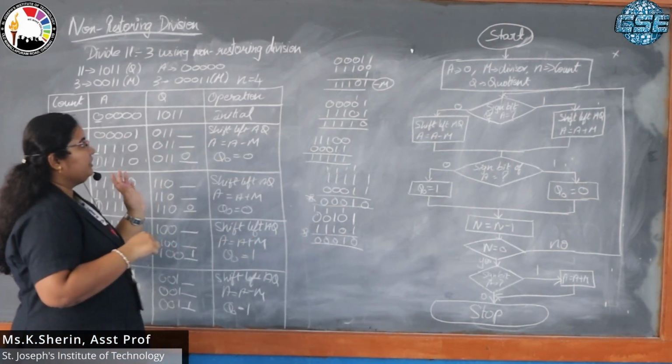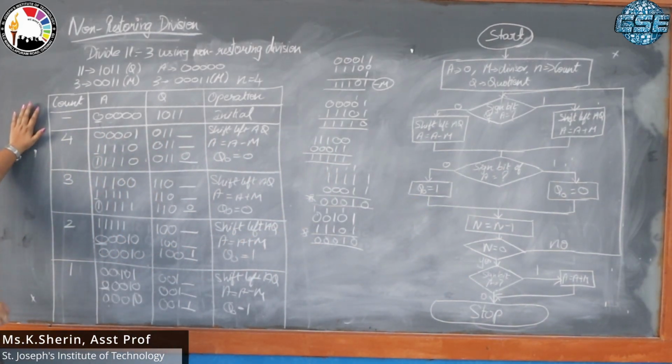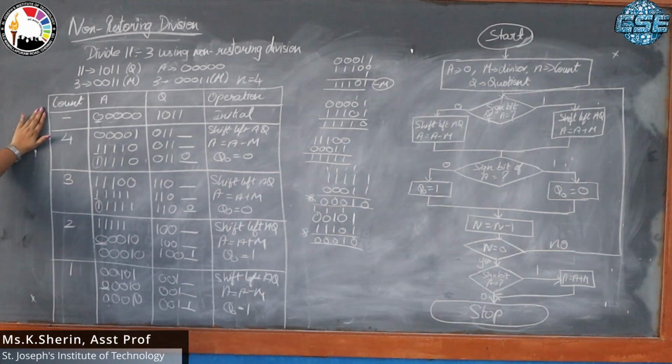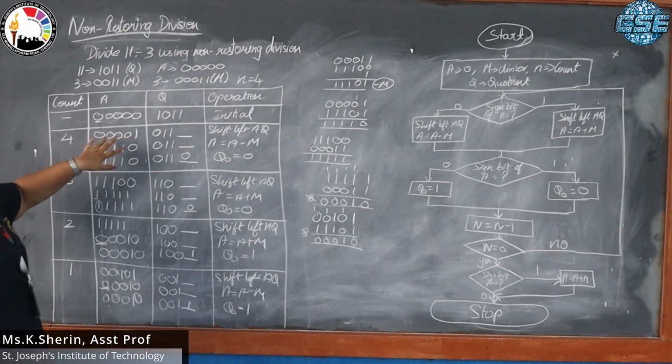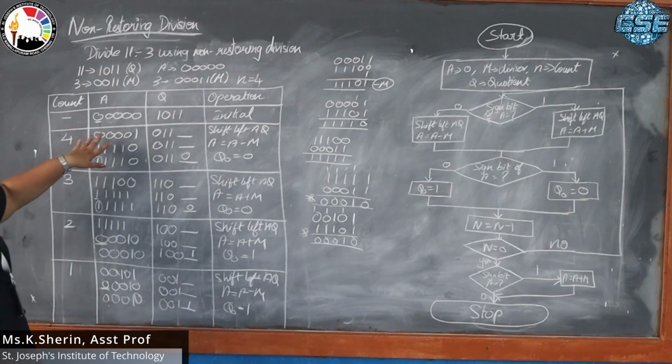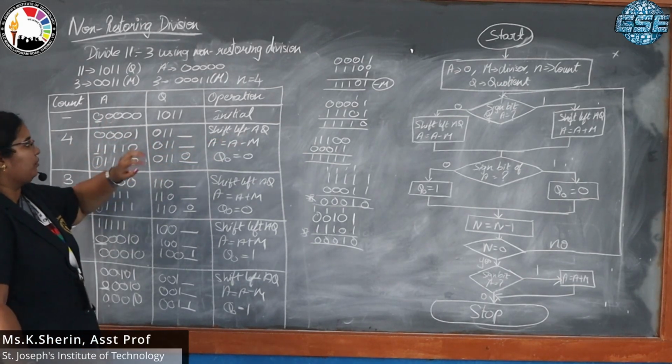So the entire procedure will be found in the question, 11 divided by 3, giving the procedures count, A and Q operation. You are initializing with n is equal to 4, and A value I am giving as my initial condition, shift left AQ operation.